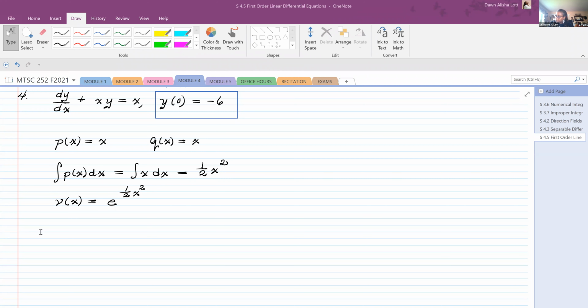All right, so we're done almost. So now we need to do the integral of Q of X with nu of X dx. So that's the integral.